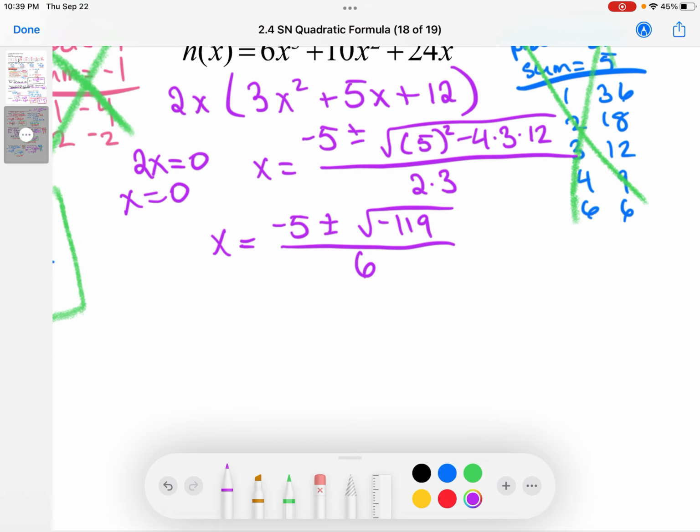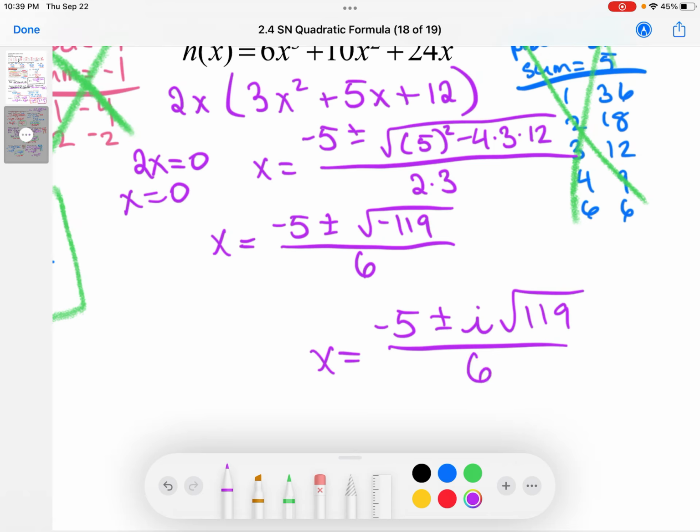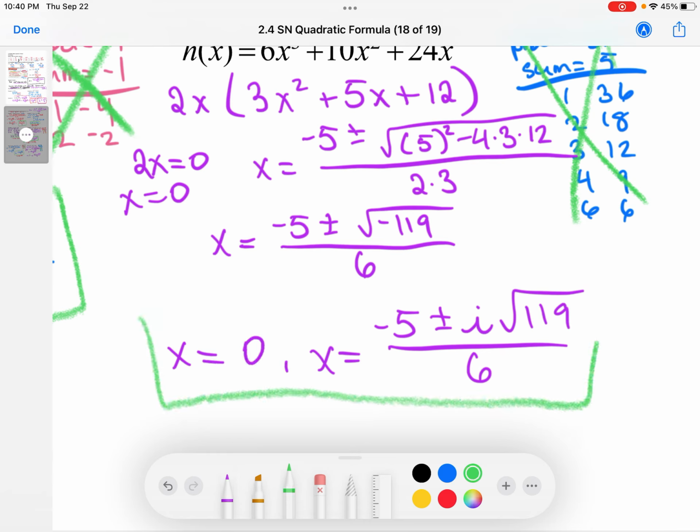Now, negative 119 under that radical, we need to factor out that i. So negative 5 plus or minus i, square root of 119, all over 6. Square root of 119 will not factor any further. x equals 0 was one solution.